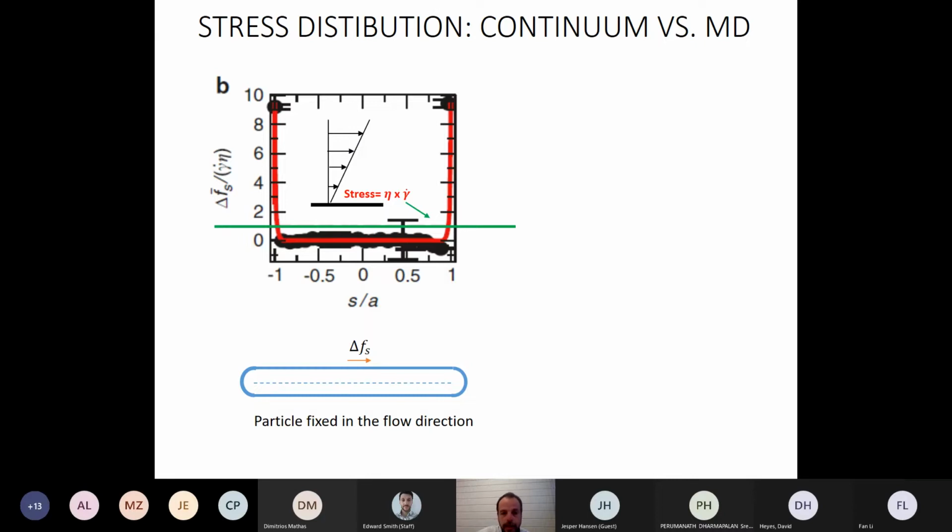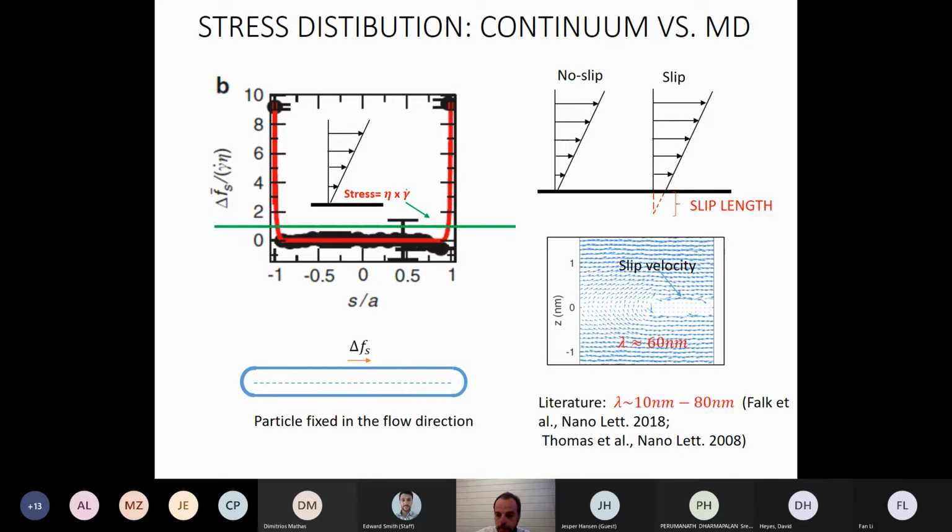Well, we looked at the tangential stress from MD and compared it to the continuum simulation. And we noticed that the stress is much smaller than what we expected initially from a simple product between the viscosity and the shear rate. The reason for this is probably obvious to this audience, and the reason is slip.